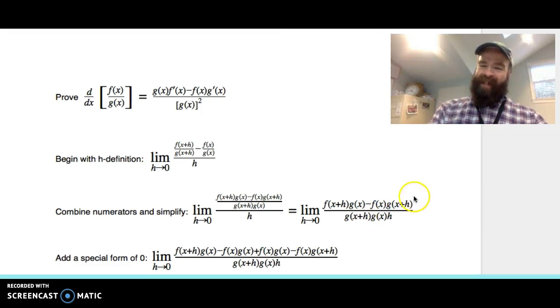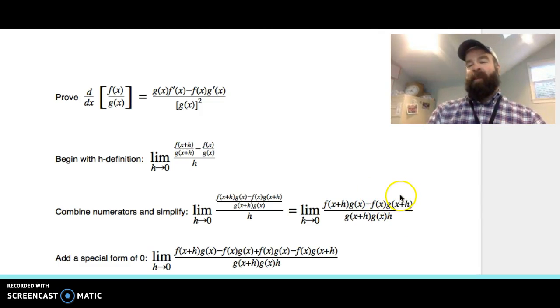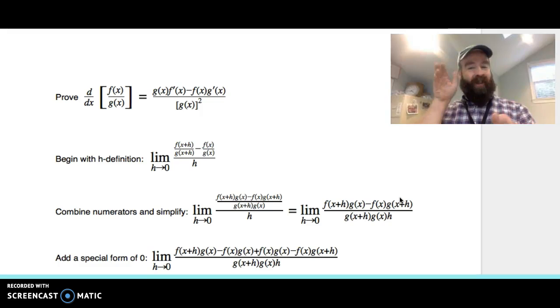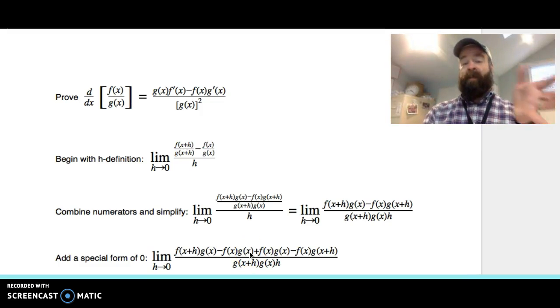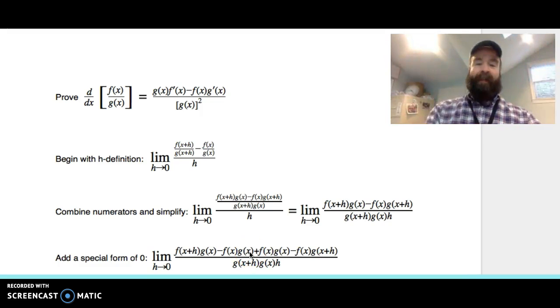And then for this thing, we have a g of x plus h, so we're missing the g of x part of that derivative. So when I add my special form of 0, it needs to have an f of x for this part to complete this, and a g of x to complete this. So my special form of 0 this time is going to be f of x times g of x added and subtracted. And you see I've done that here.